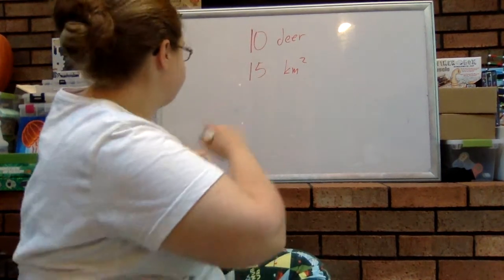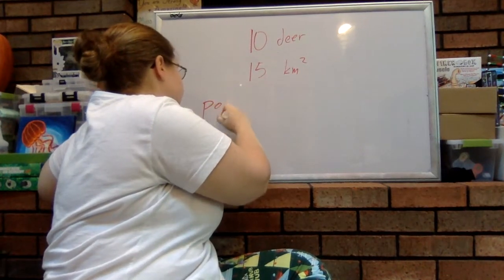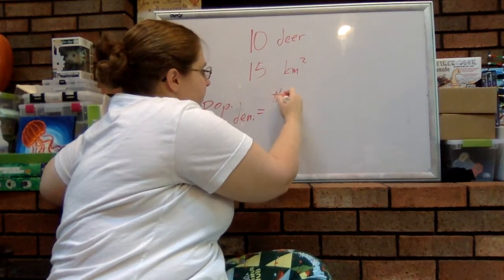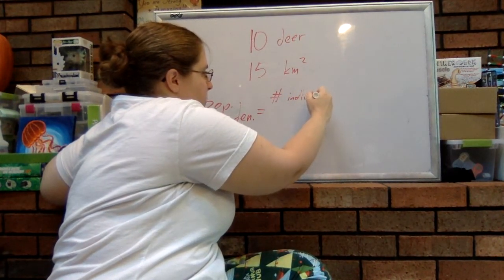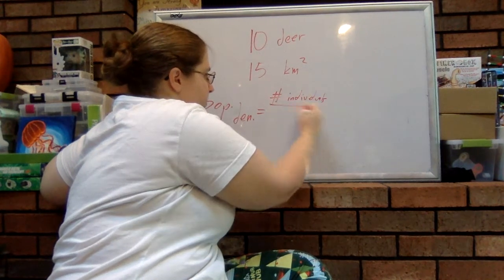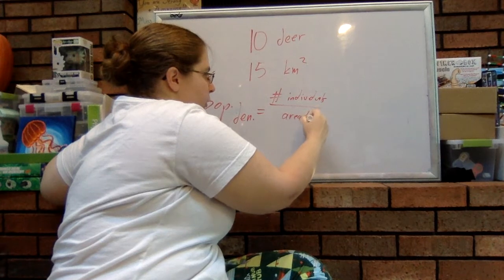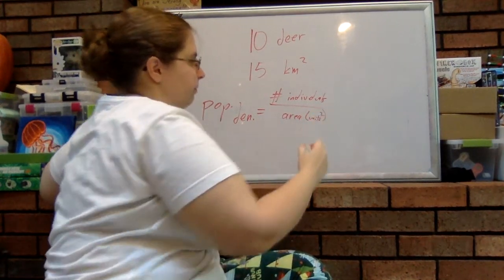Well, how we do this is, for population density, it's the number of individuals per area, which is in a unit squared.